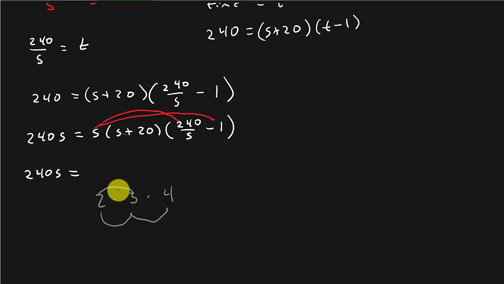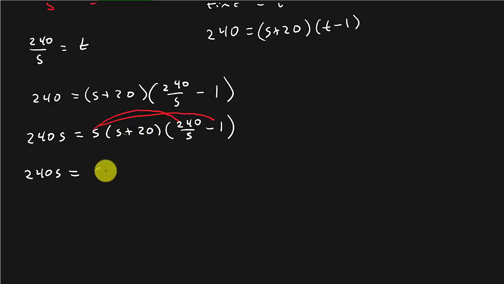You don't say 2 times 3 is 6, 2 times 4 is 8, and then 6 times 8 is 48. You multiply the S times this, and then whatever you get there times this. I'm just choosing to multiply the S times this one first, and then whatever I get there, I'm going to multiply to this.